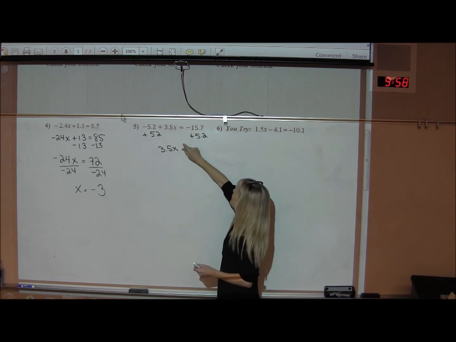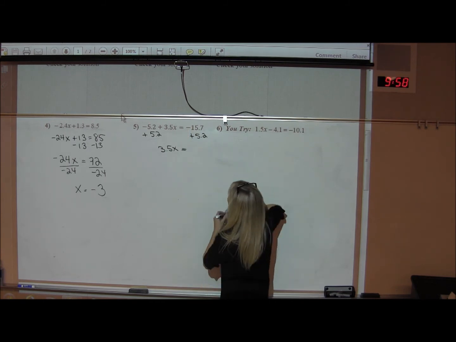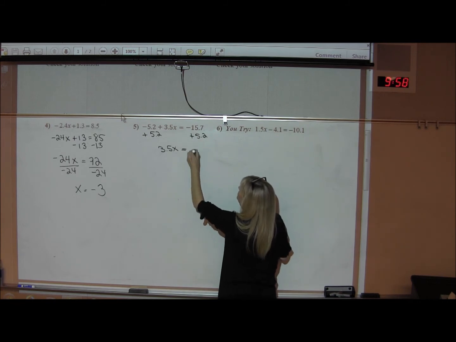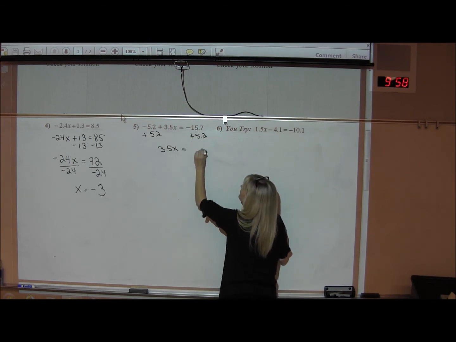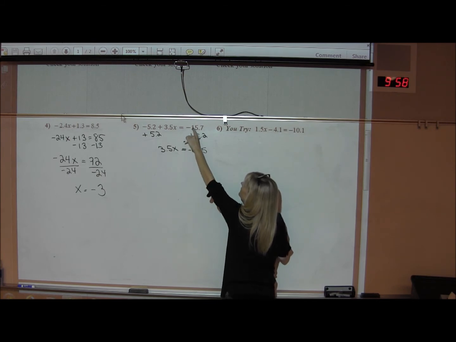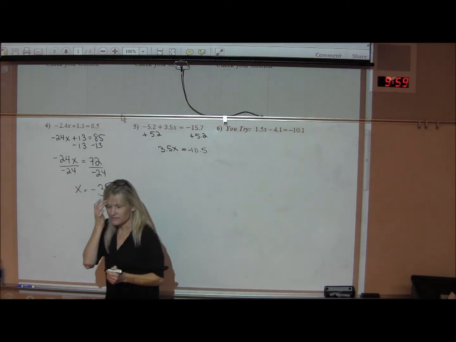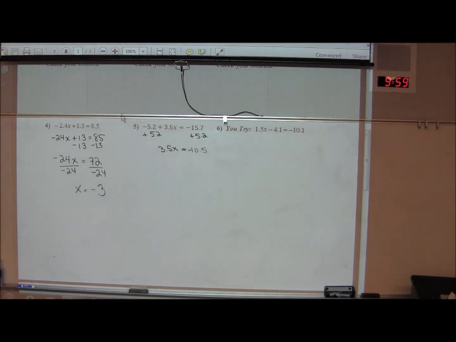Remember this? And so that was in an earlier lesson. So 15.7 minus 5.2, because I'm subtracting this absolute value from that, gives you 10.5. And it's a negative because our larger one is negative. Any questions on that? That goes back to what we were doing a couple weeks ago.